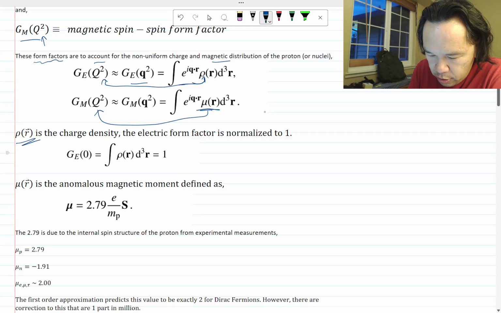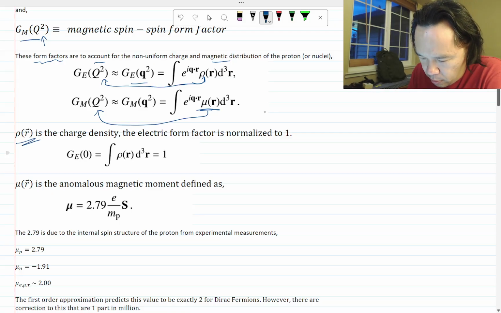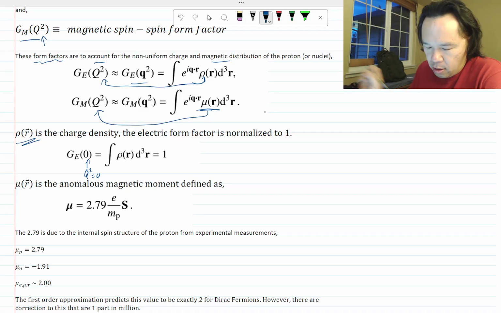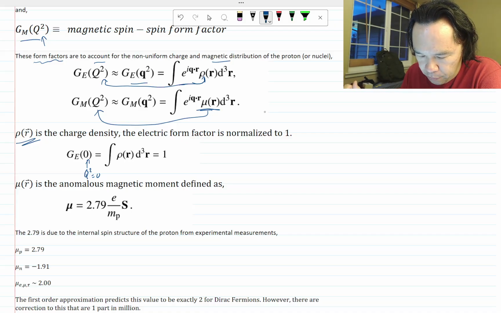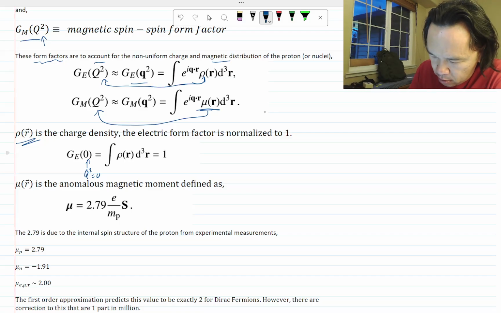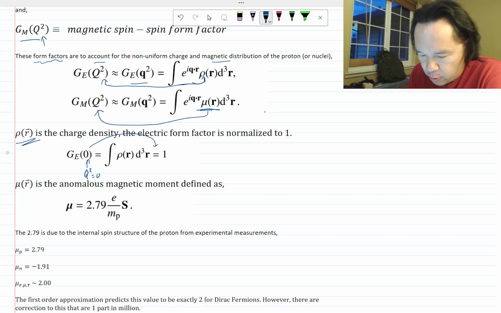The charge distribution is going to be normalized to 1. So when q squared is equal to 0, when there's no momentum exchange between the two, it should approach 1. Okay, we're going to normalize it so it approaches 1.